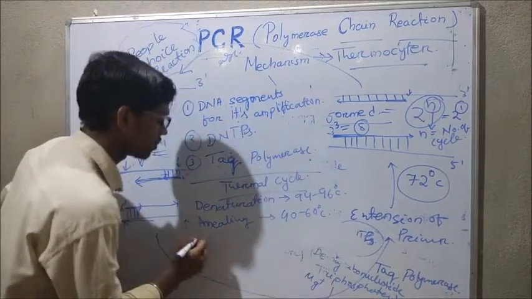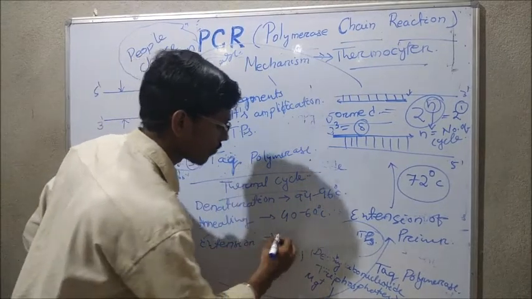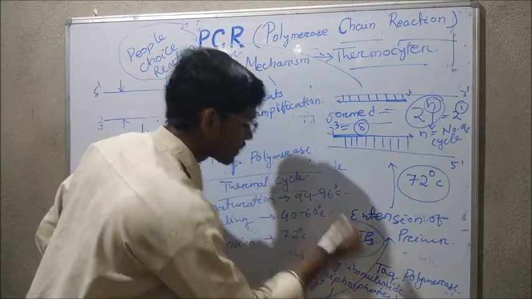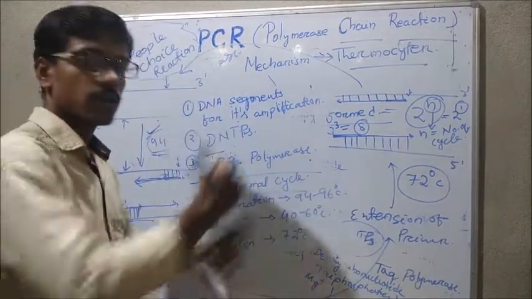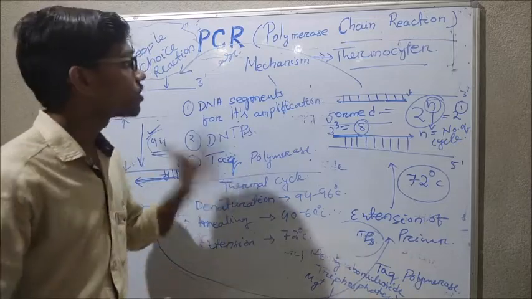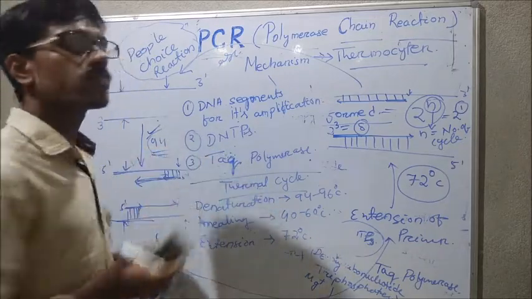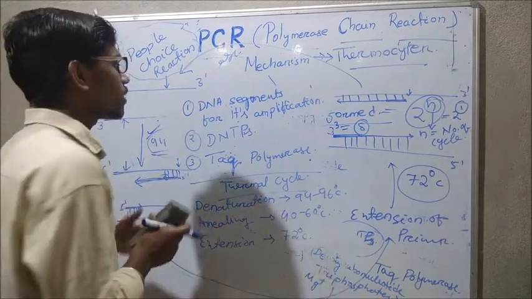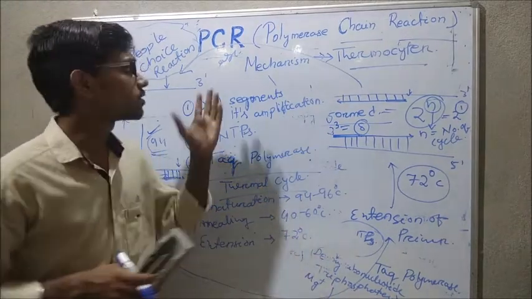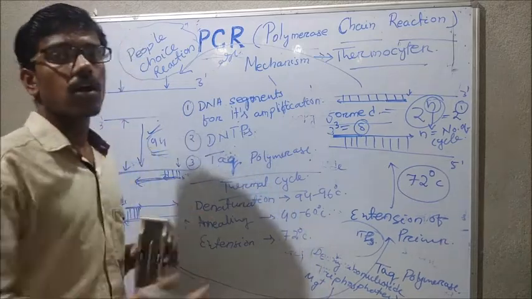And for the extension of primer, there will be requirement of 72 degrees Celsius. So the temperature is going on increasing and decreasing during the time of your PCR. Okay, so this is all about your PCR. Okay, and why we need this PCR, what is the application of PCR, we will discuss in the upcoming process.